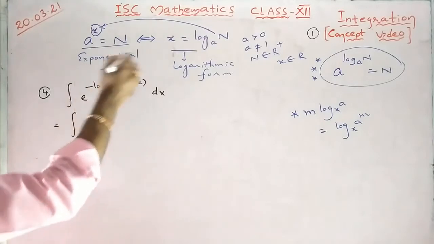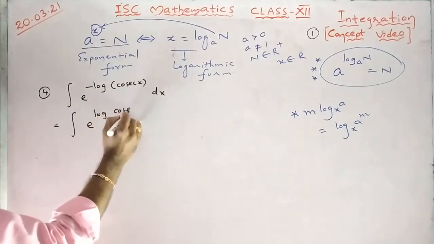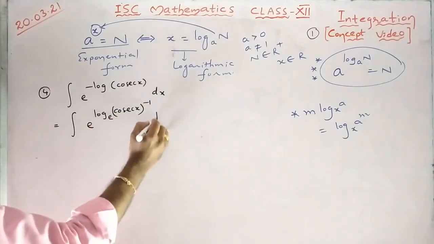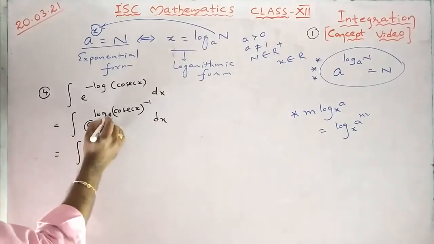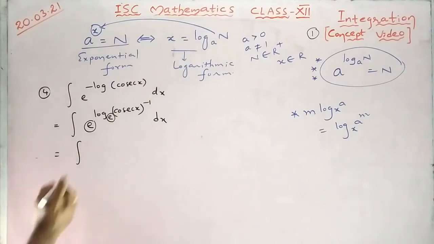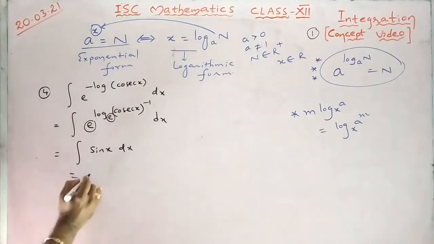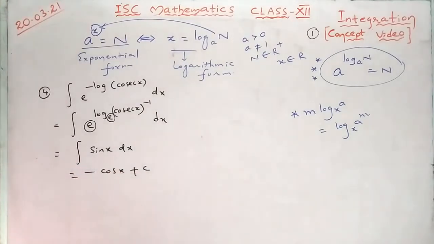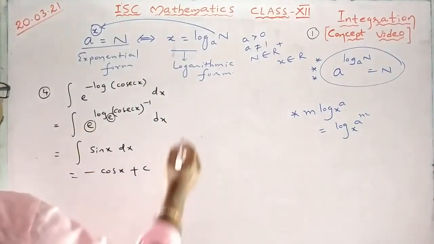So this minus I am taking into the power. So this will be log cosec x power minus 1, I am taking base e. So e same, I can write cosec x power minus 1. So reciprocal of cosec x is what? Sin x. Integral sin x means we know minus cos x plus c.